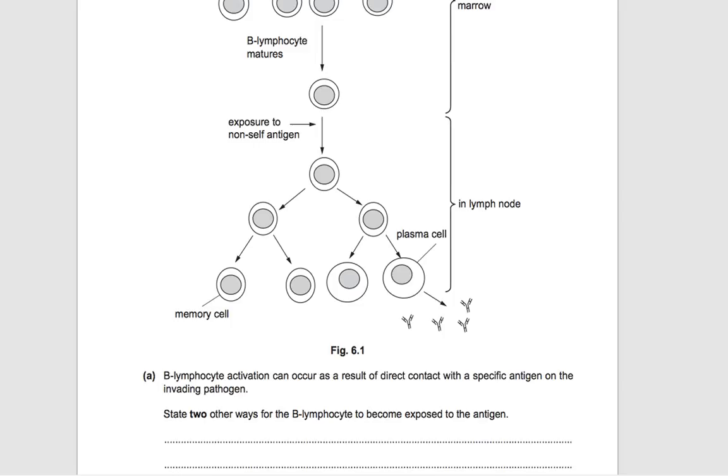So an immune cell that has phagocytosed the pathogen, the pathogen will be broken down, and then the antigen will be presented on the surface of the infected cell, to which the B lymphocytes can bind and get activated.